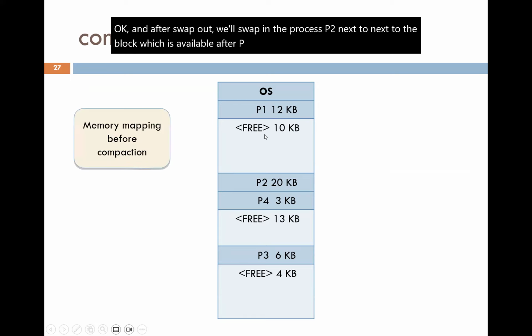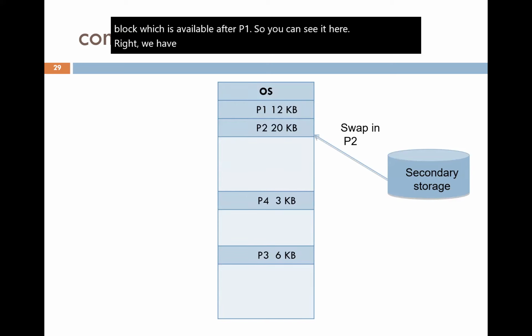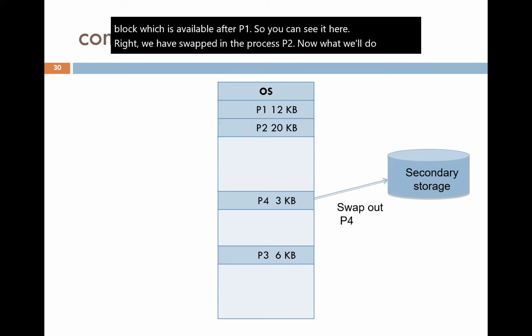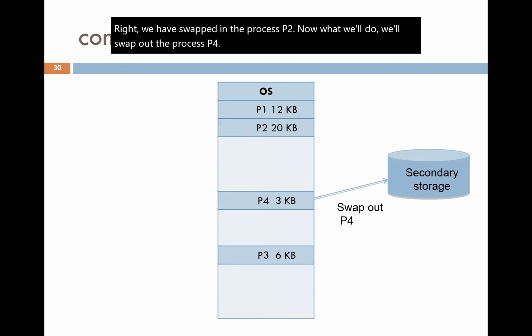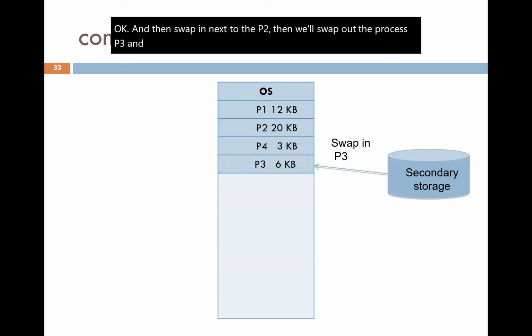You can see it here. Now we swap out the process P4 and swap it in next to P2. Then we swap out the process P3 and swap it in next to P4.